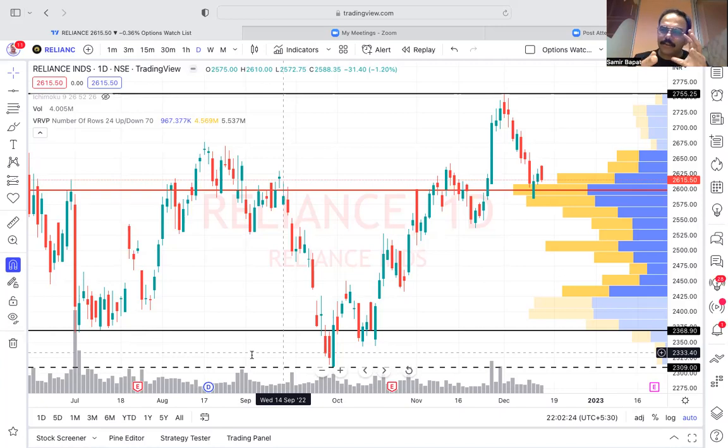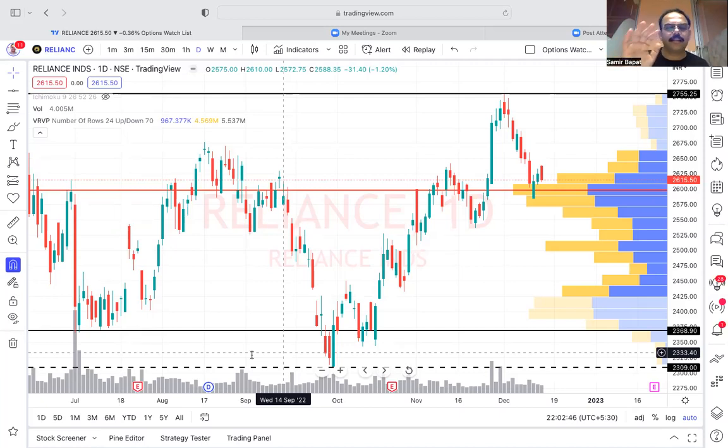So there is nothing called buying volume and selling volume. It's a volume. Don't get trapped into that. There has to be a buyer and there has to be a seller for a trade to be executed. So whatever volume is there, it is buying and selling volume both.